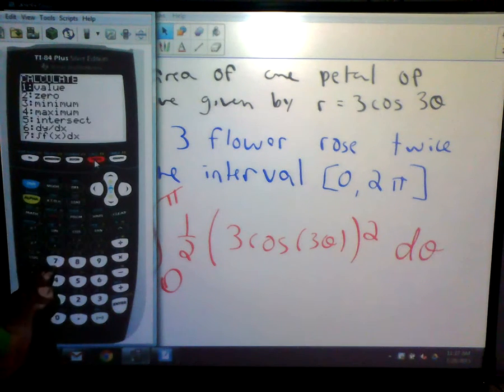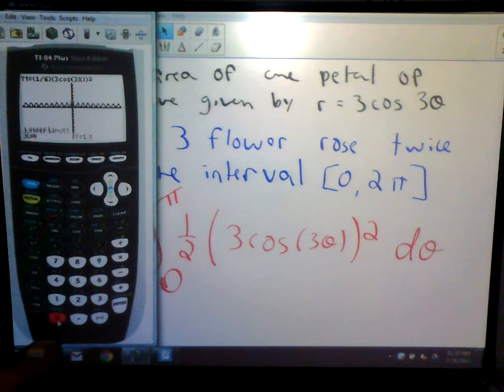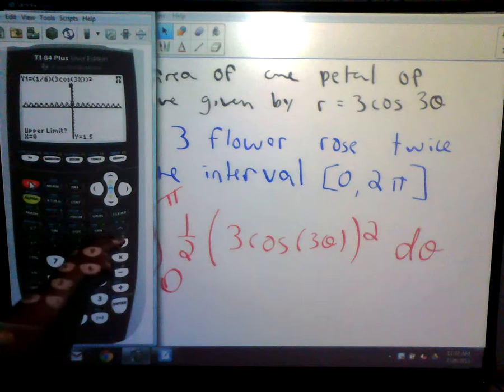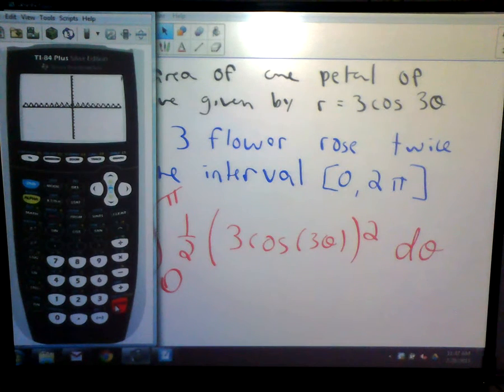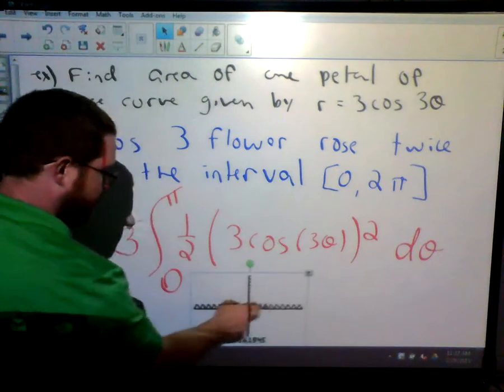Second trace 7, from 0 to pi. And I get about 2.356.